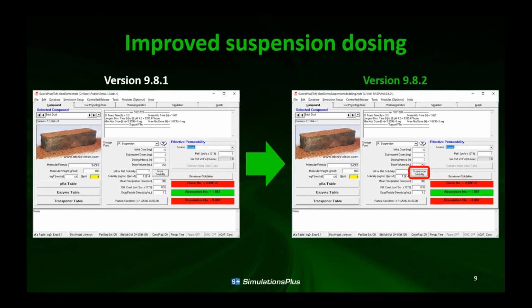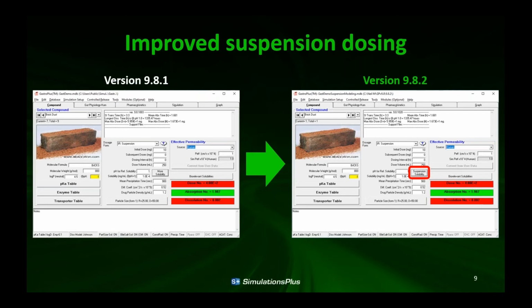Another significant improvement is about suspension dosing. With version 9.8.1, if you select a suspension dosing, all the dose is assumed to be undissolved, in solid particles. In some of the simulation studies, we did find that for the suspension, we need to consider that some amount has been pre-dissolved in the formulation.